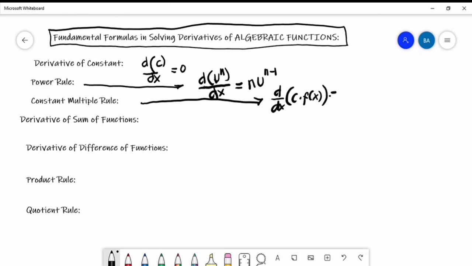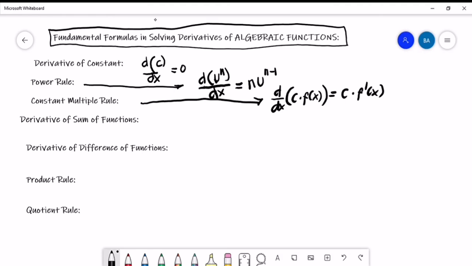So the derivative of c times any function with respect to x is equal to c times the first derivative of the said function. It means that in order to solve it, you just separate the constant. Our c here is the constant, so just separate the c, or put it outside, and then derive the said function.